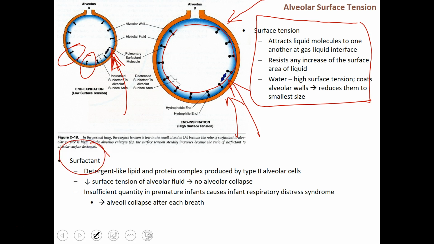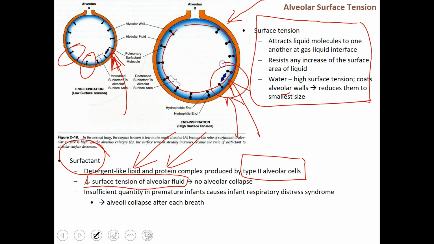Surfactant that consists of lipids and proteins produced by type 2 alveolar cells decreases the surface tension of the alveolar fluid, which means that these molecules will attract to each other with a lower force and will less likely cause the collapse of alveolus, basically.